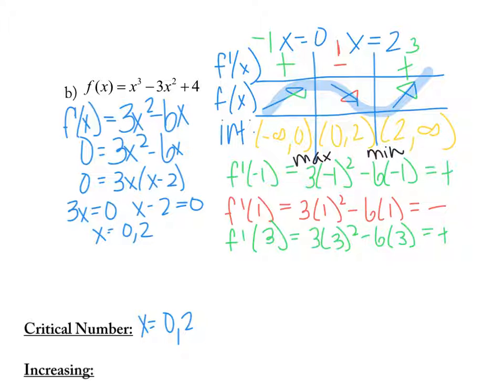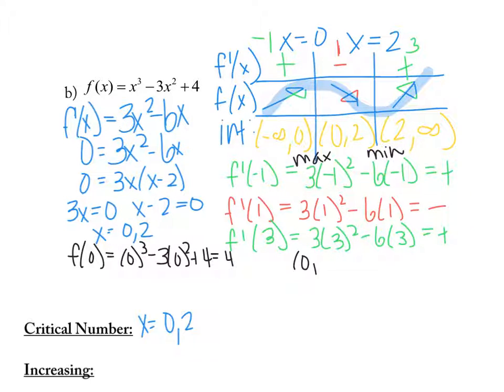Okay, so now we actually have to plug in those critical points to find the max and min values. Remember that anytime you're looking for a value, which is the y value, you have to plug it into the original. So this is going to be f of 0, where the max is. So we get 0 to the third minus 3 times 0 squared plus 4, which just gives me 4.